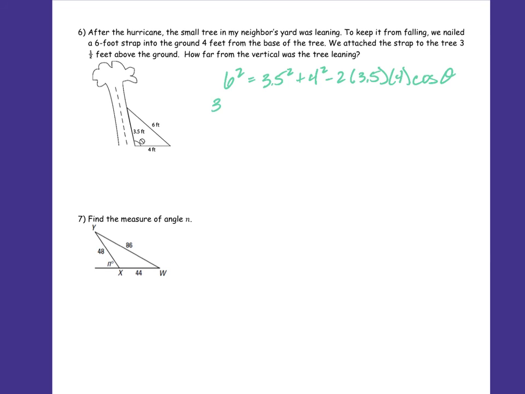So I did 36 equals 12.25 plus 16 minus 28 cosine of theta. So subtract 12.25 and 16.